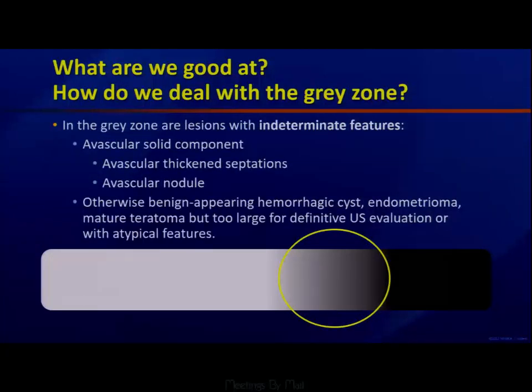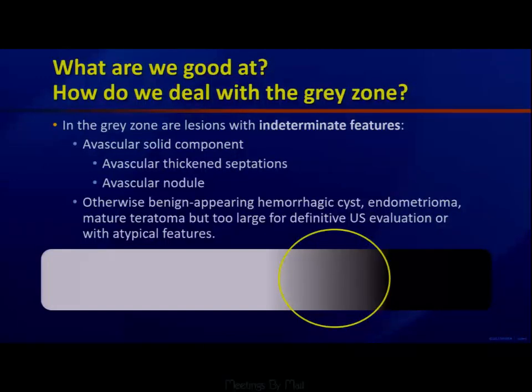The lesions that have indeterminate features are those with an avascular solid component. So something that really does look like tissue in a cystic lesion, but you really can't document any color flow on ultrasound. That could be an irregular thickened septation or septations, or an avascular nodule, possibly at the periphery of the lesion.